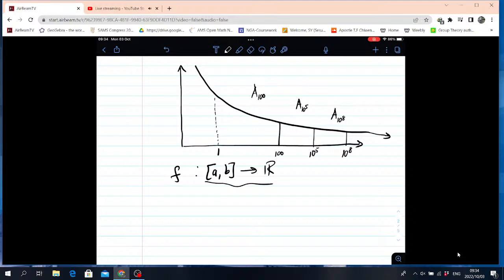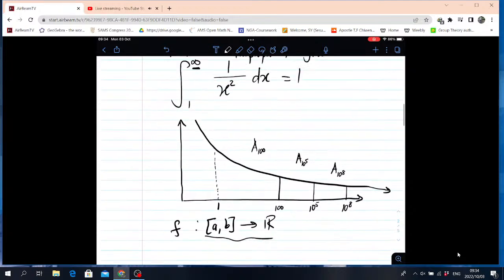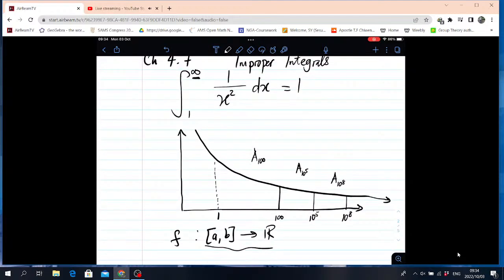So I was saying the function that we are dealing with is closed. We were dealing with closed and bounded functions, and now we want to look at something a bit different. So just as a motivation, suppose you want to see what happens when you integrate this function, which is starting from 1 and it goes to infinity.